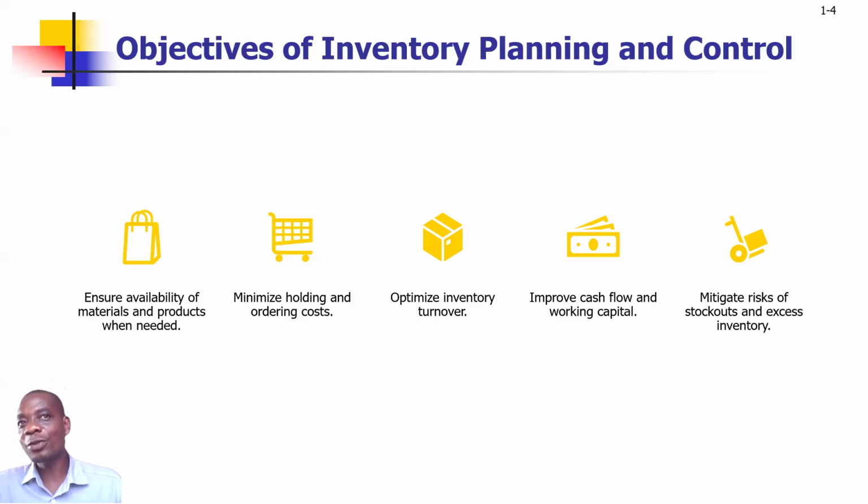But if you use all the money to buy inventory or materials, then you may not have money to do other things. So with cash flow, you can be cash trapped. If you are cash trapped, it means that you become illiquid. There's something we call liquidity in accounting, making sure you have money.